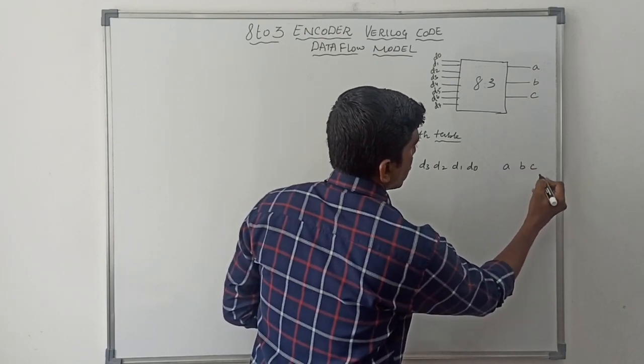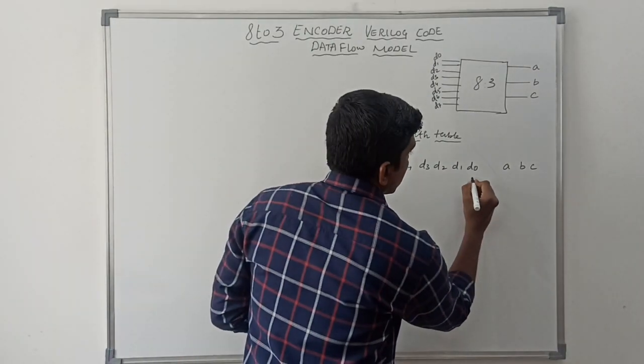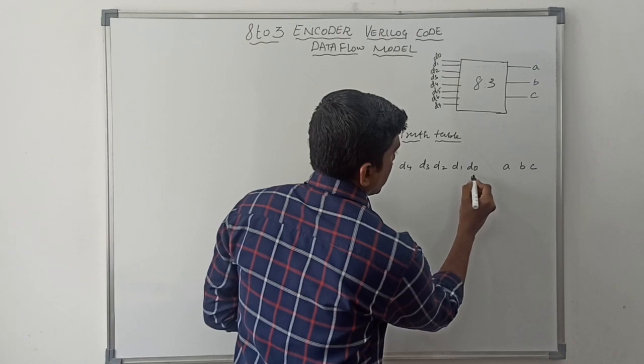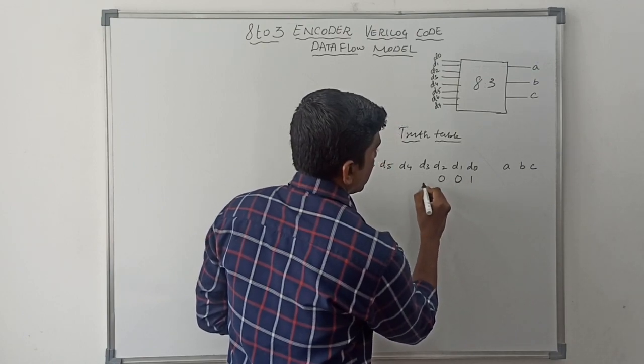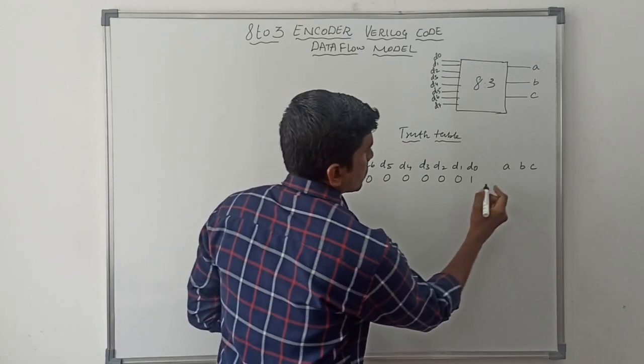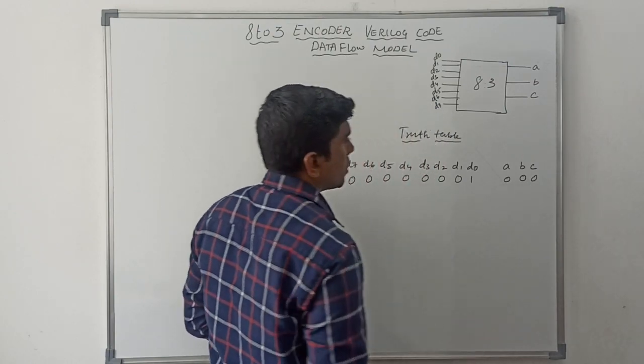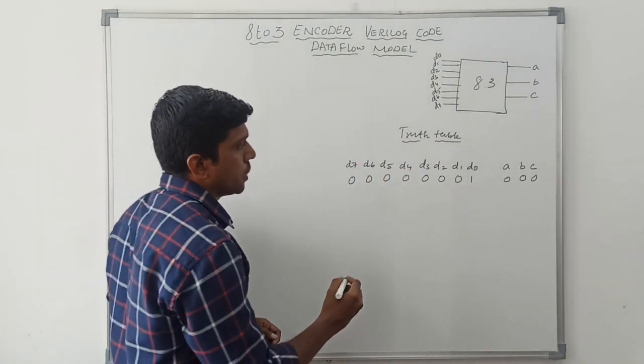The output variables are A, B, C. So D0 value 1, remaining all the bits set to 0. Now the output of the encoder A, B, C, all the 3 values go to 0.